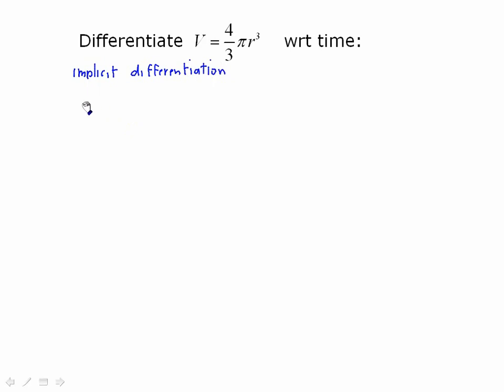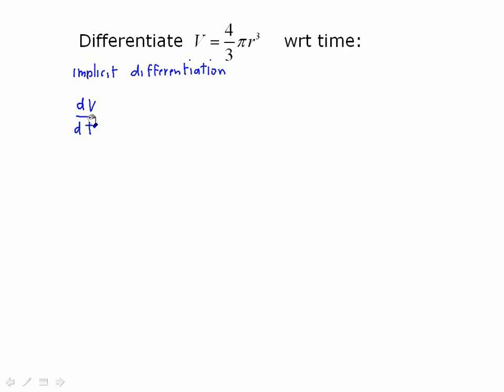So with respect to time means that when we differentiate V, we can only express it as dV/dt. I'm not going to use V prime like I had used for earlier implicit differentiation. Here it matters very much that we're differentiating with respect to time.